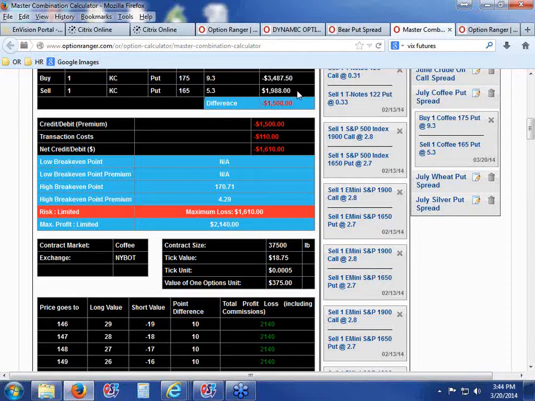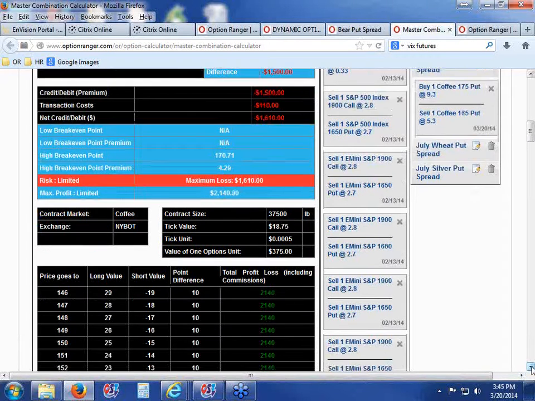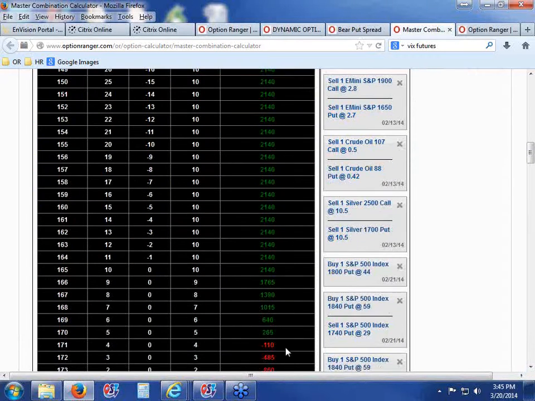So basically, by reducing the cost of the spread by almost $2,000, this person does have the right but not the obligation to try to take advantage of any large and explosive move down under 165.